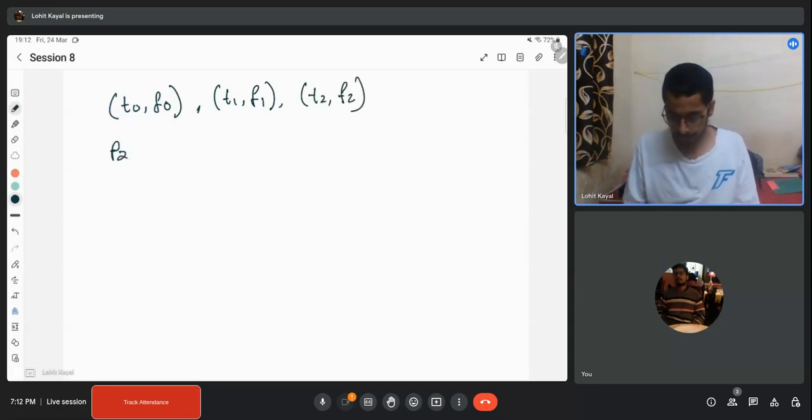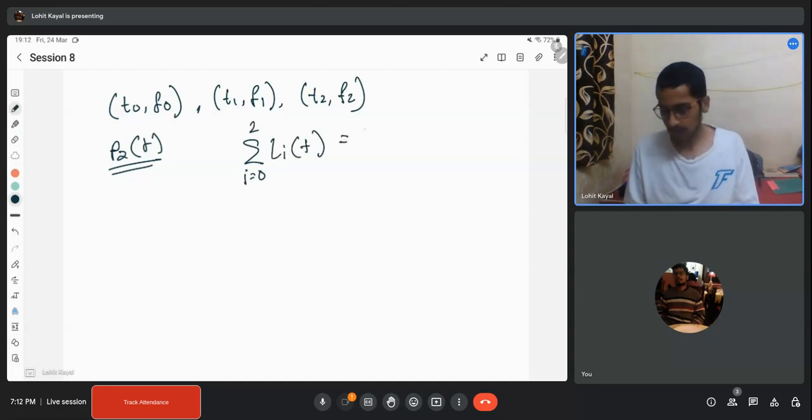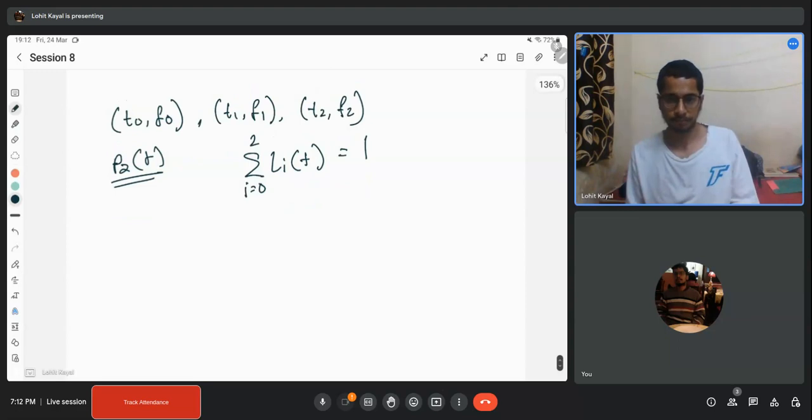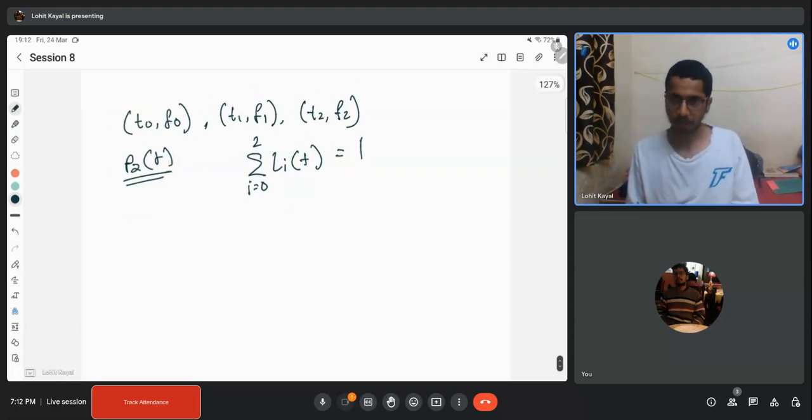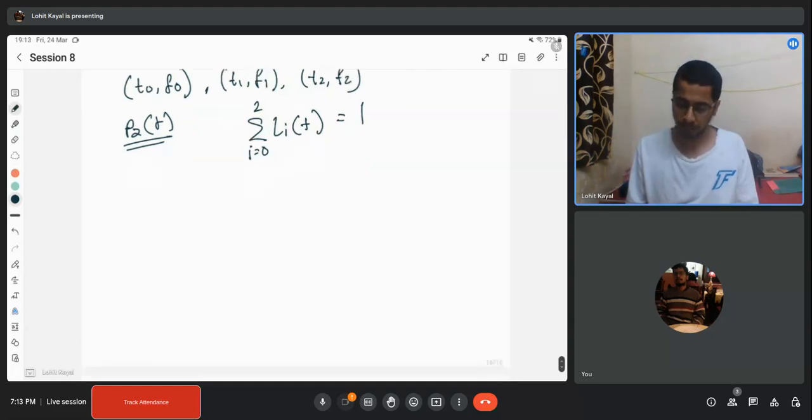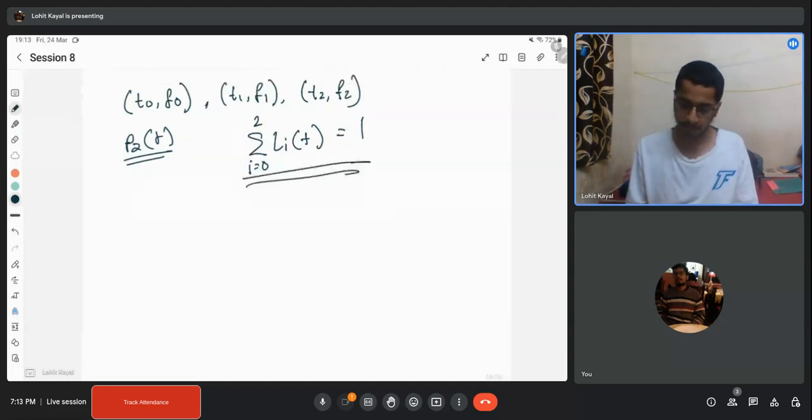So I can fit a second order polynomial P2 of t. Now I need to show that the sum over i equal to 0 to 2 of Li of t is equal to 1. I need to show that. So how can we proceed? While solving the example, I will show you that this is essentially the idea for whatever the size of the data sets. This summation will always be equal to 1.